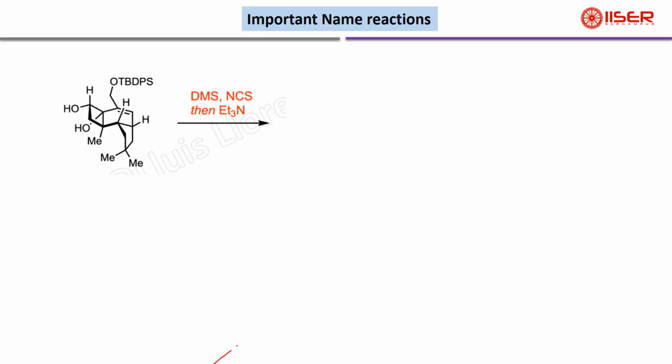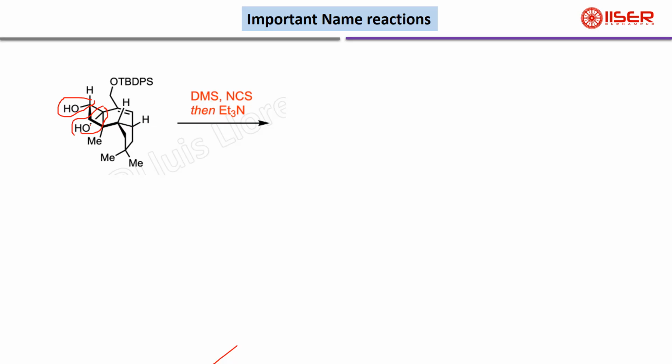So what will be the product of this reaction? There are two OH groups. One is this one, another is this one. So it will undergo oxidation. The reagents are dimethyl sulfide, NCS and base, so it is obviously a Corey-Kim oxidation. Among these OH groups, which one will be oxidized, both or one of them?